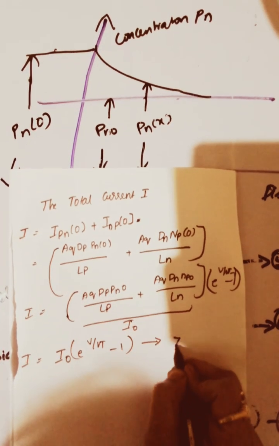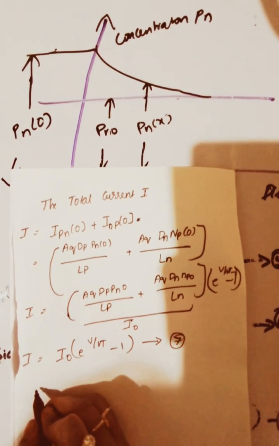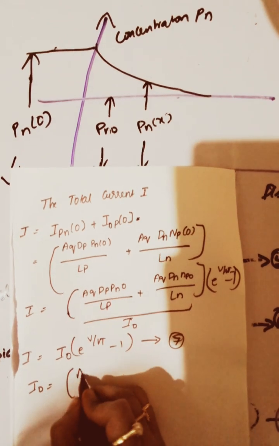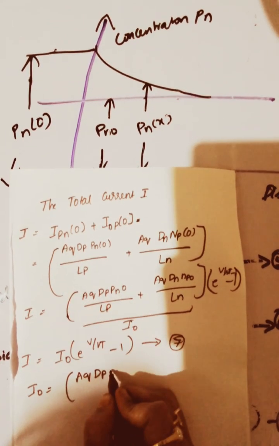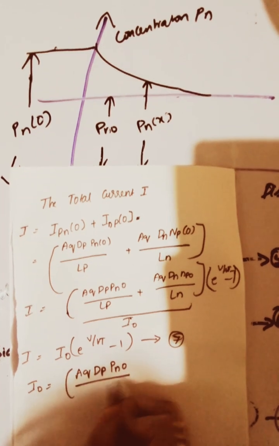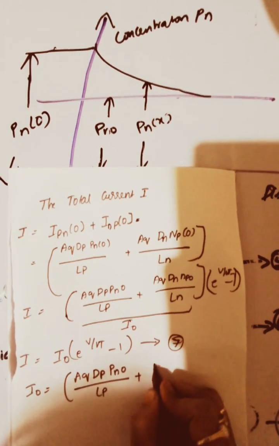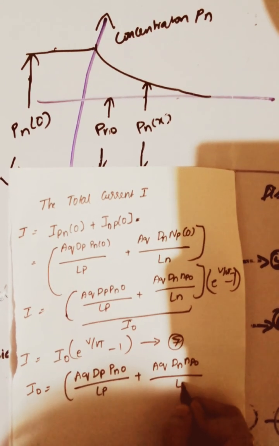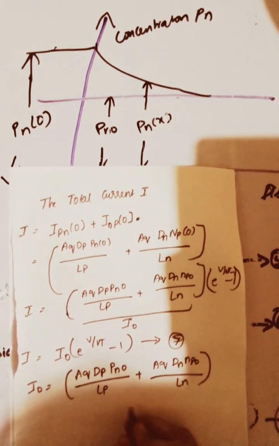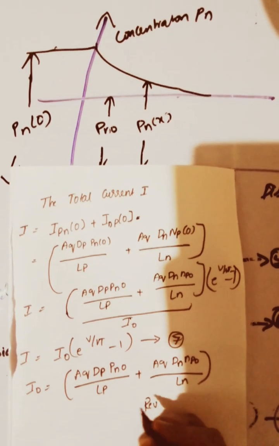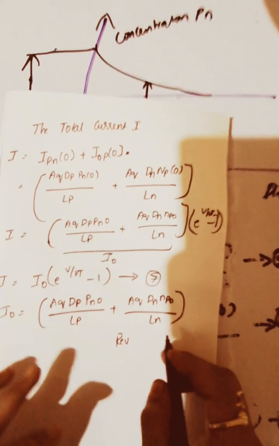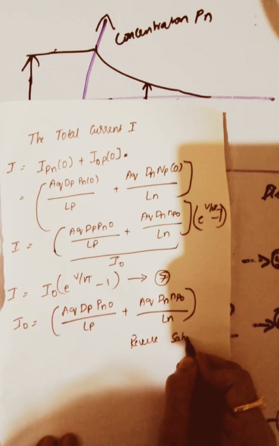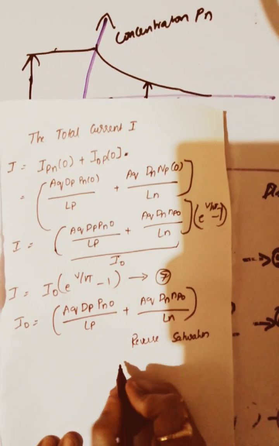This is equation number 7, where I naught is equal to A q D_p P_n naught by L_p plus A q D_n N_p naught by L_n. That is the reverse saturation current.